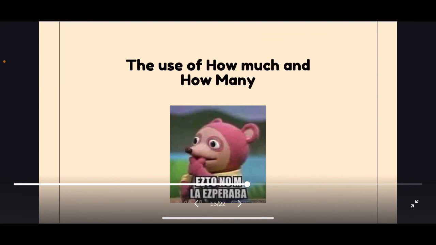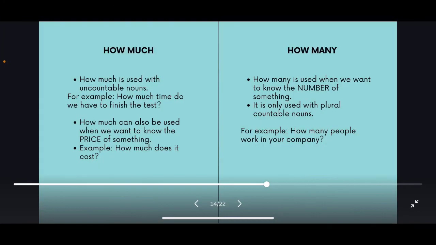And of course, here is another topic, and it is the use of how much and how many. I think this is a really interesting topic, and it actually belongs to the countable and uncountable nouns topic, right? So we're going to use how much with uncountable nouns.